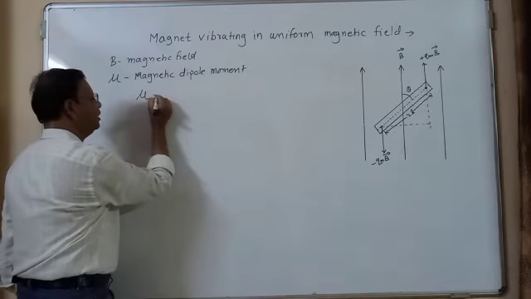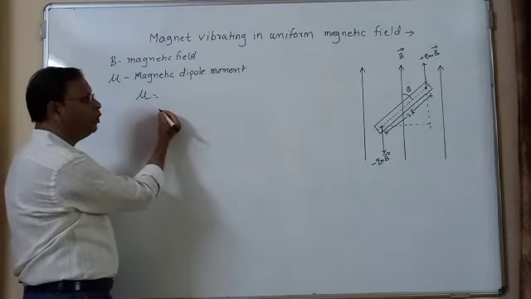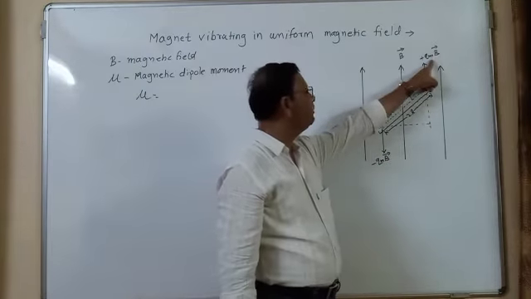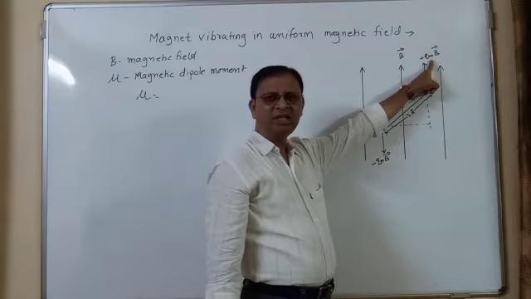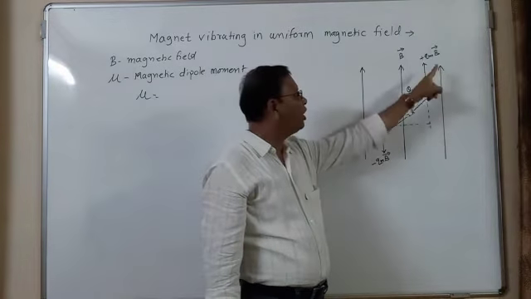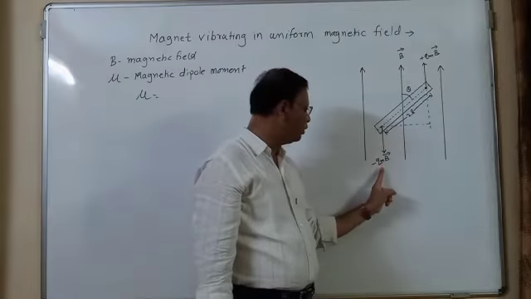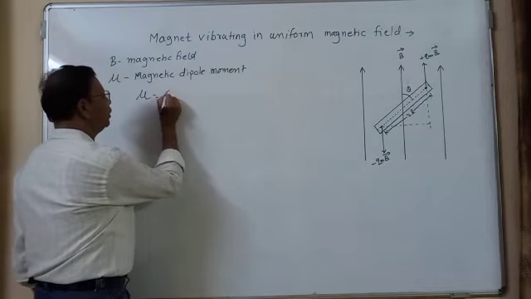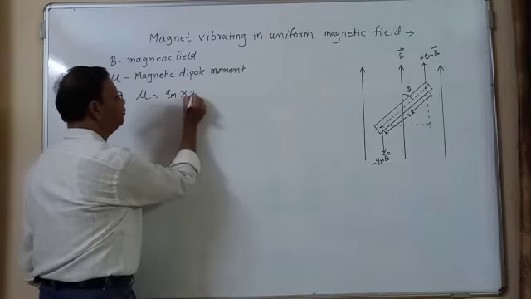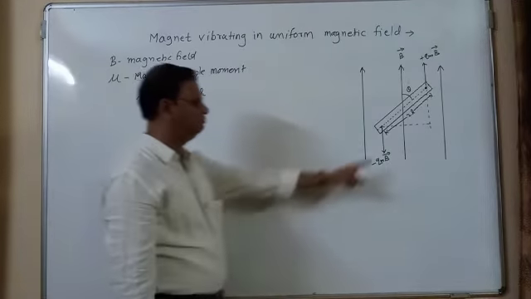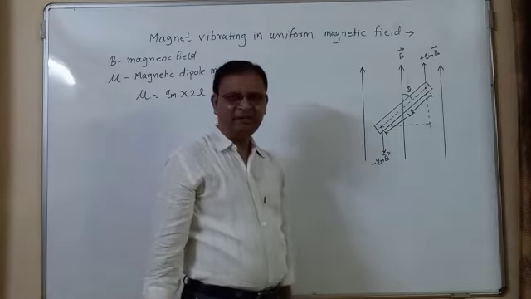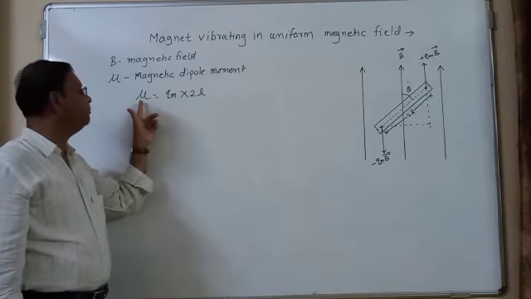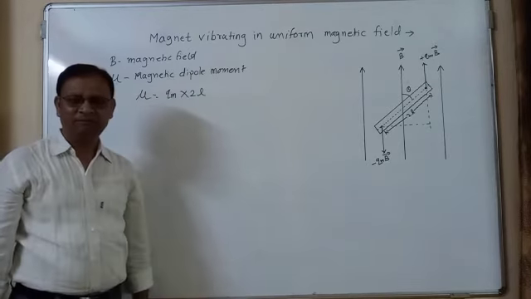Here we have taken the bar magnet having pole strength Qm. For the north pole it is positive, for the south pole it is negative. So mu is equal to Qm into the magnetic length 2L. So the magnetic dipole moment of the bar magnet is mu equal to Qm into 2L.